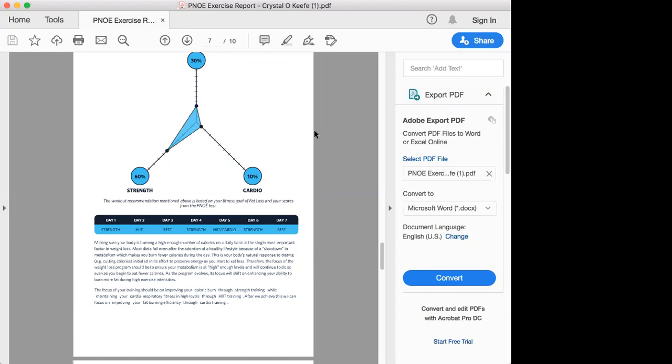We have a separate service where we provide detailed guidance on what the strength training should look like, what the cardio training should look like, what the HIIT training should look like. But in order to provide that, we obviously need medical history, injuries, access to specific equipment, what you like, what you don't like, et cetera.